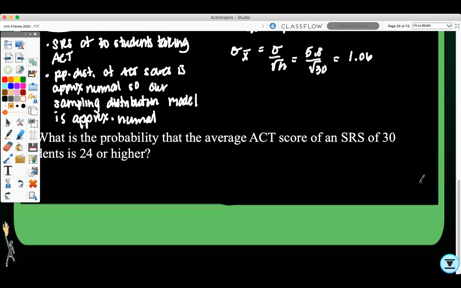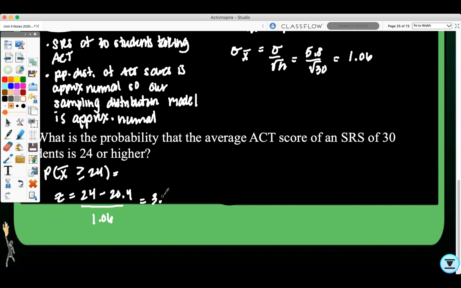And then C, what is the probability that the average ACT score of a simple random sample of 30 students is 24 or higher? So we need the probability that X bar is greater than or equal to 24. So we need to go ahead again and find our z-score. So that would be 24 minus 20.4, so x minus mu all over sigma divided by the square root of n, which was 1.06.